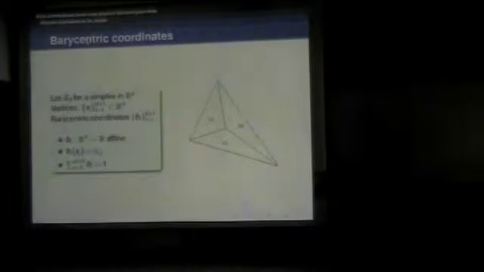So this would be vertex 1, and B1 is associated with this vertex. All of the barycentric coordinates sum up to 1. They're also called areal coordinates because they represent the ratio of the area of this triangle to the area of the total triangle. So if B1 is 1, that barycentric coordinate is associated with here. These two triangles would have 0 area, and this triangle here would fill up the whole triangle.